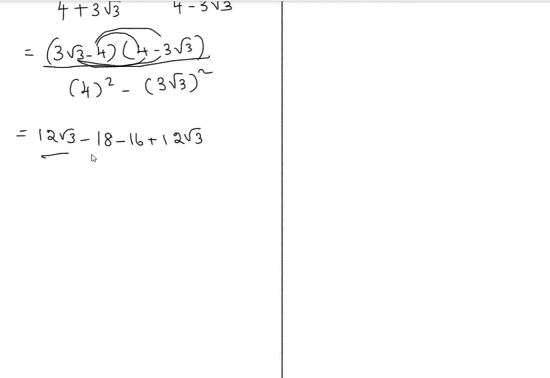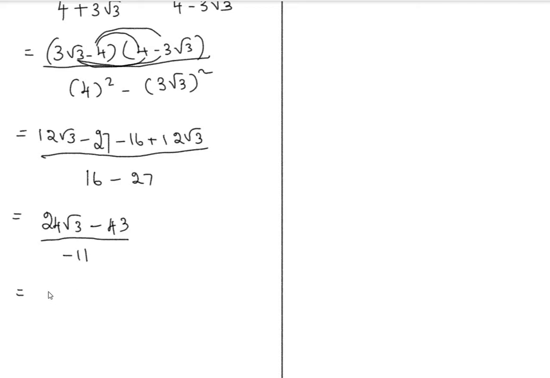Okay, by 4 square is 16 minus 3 square is 9. Root 3 square is 3, so 9 3s are 27. So I'll have 12 root 3 plus 12 root 3, totally 24 root 3, and minus 27 minus 16 is minus 43, by 16 minus 27 is minus 11.